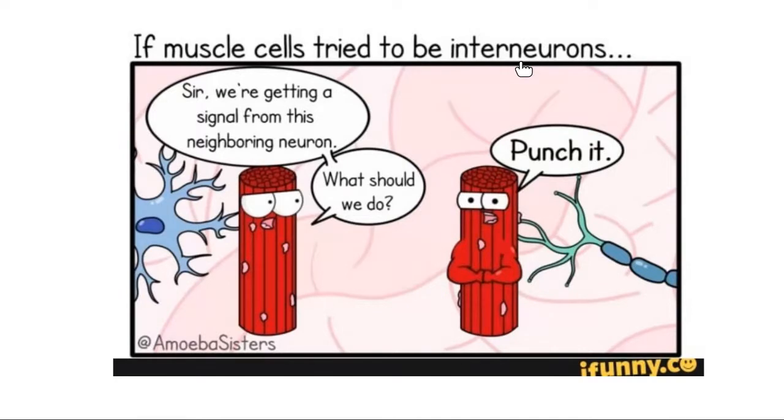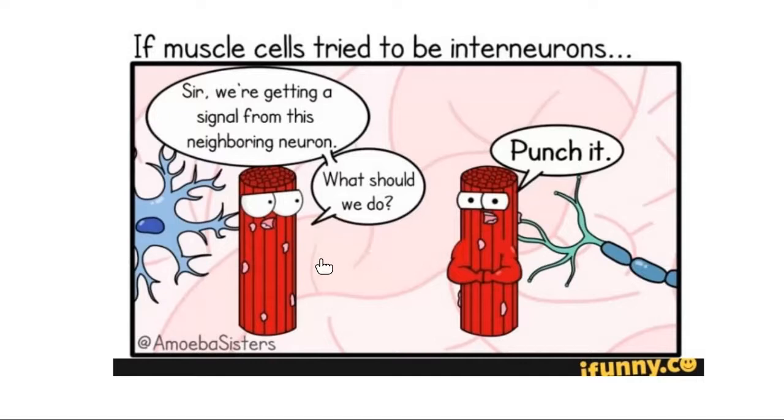Yeah, I like it. Krista talks about how interneurons are about processing. They take that sensory information and they predict what we should do. They process it. So imagine that instead of having interneurons, we got muscles. And the muscle cells, one of them says, sir, we're getting a signal from our neighboring neuron. What should we do?